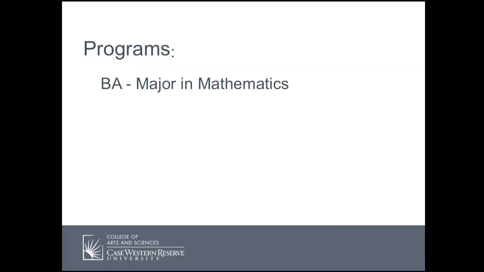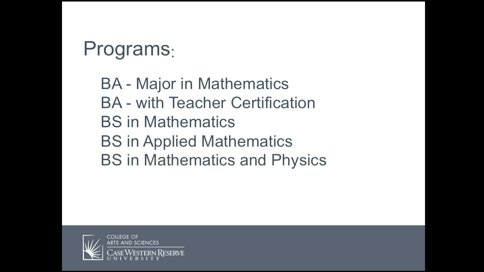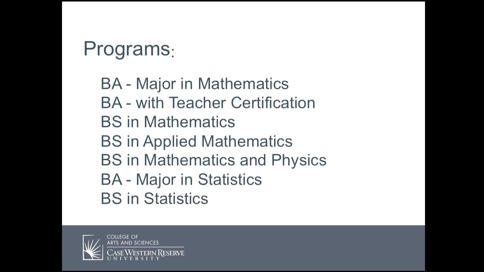Within our department, we have 7 different degrees that you can get: a BA with major in mathematics, a BA with teacher certification, a BS in mathematics, a BS in applied mathematics, a BS in mathematics and physics, a BA with major in statistics, and a BS in statistics.